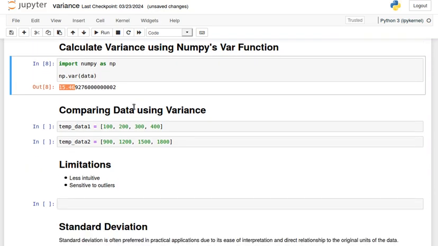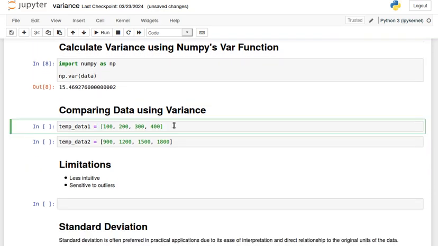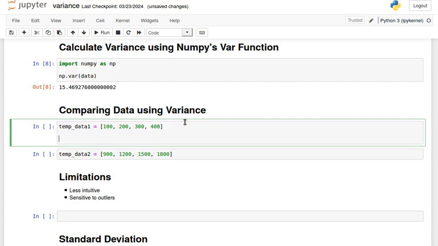So let's compare the variance of two different data sets. We have temp data here, which has a difference of 100 between each data point, and we have temp data 2, which has a difference of around 300 between each data point. So let's check the variance. We can import NumPy here also, but we have earlier imported it, so it is not needed to import every time.